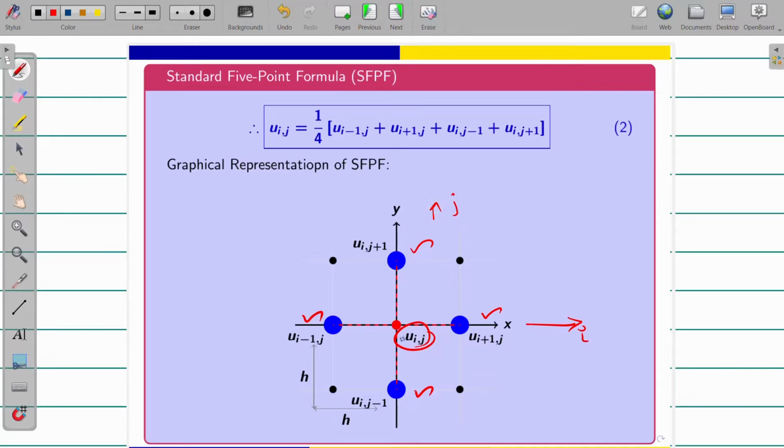If you want to find this value, take the average of these 4 points: 1, 2, 3, and 4. Left, right, top, and bottom. The average of 4 points represents the standard 5-point formula. I hope you understand now.